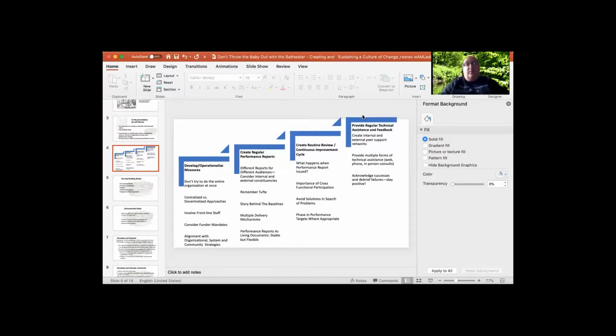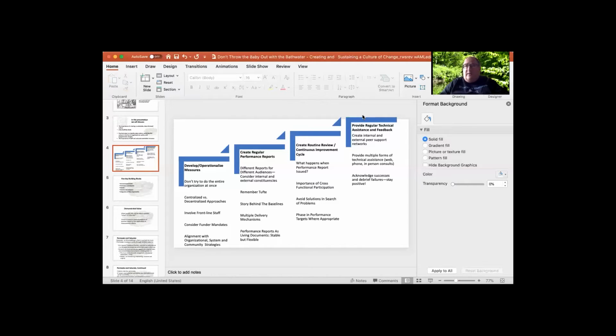You want to try to focus on one program first, then maybe a couple of related programs, then maybe a department or a division, until finally you have the whole organization doing it. And that may take several years. But you want to start small and have some small successes early on to build momentum.